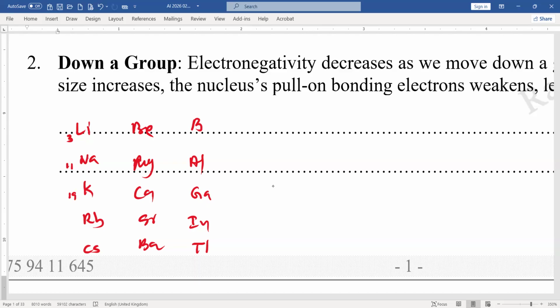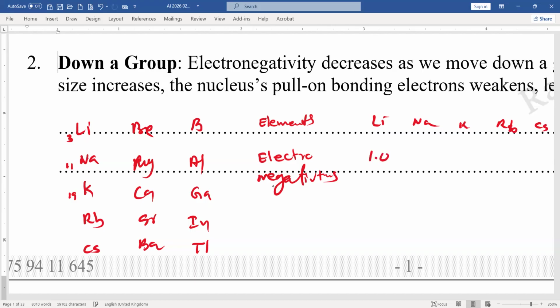If we take the elements and electronegativities, say lithium, sodium, potassium, rubidium, and cesium, the electronegativity values are: lithium 1.0, sodium 0.9, potassium 0.8, rubidium 0.8, and cesium 0.7.